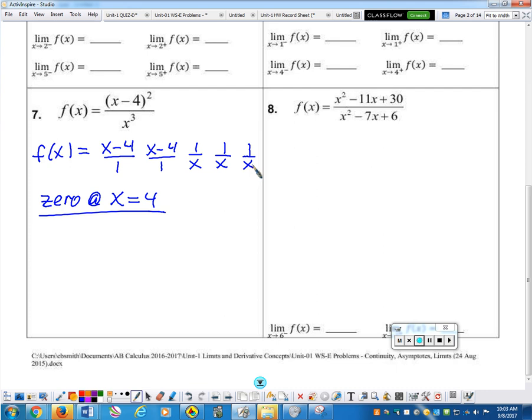If you have 5 things being multiplied, how many of those things need to equal 0 for the entire product to be 0? Just one of them. Yeah, you see that, right? So if x equals 4, well, that puts a 4 here and here, but I don't care, because this is 0. If x equals 4, oh, I see it. See it now? Yeah, if x equals 4, this becomes 0.